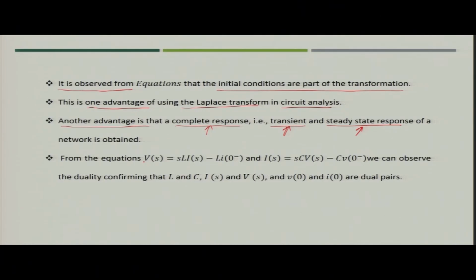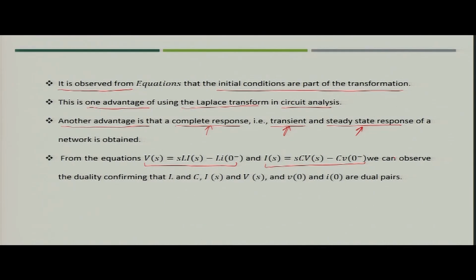Now, if you look closely at these two equations, V(s) = sL I(s) minus L i at time t equal to 0, and I(s) = sC V(s) minus C v at time t equal to 0, this one is for the inductor and this one is for the capacitor.